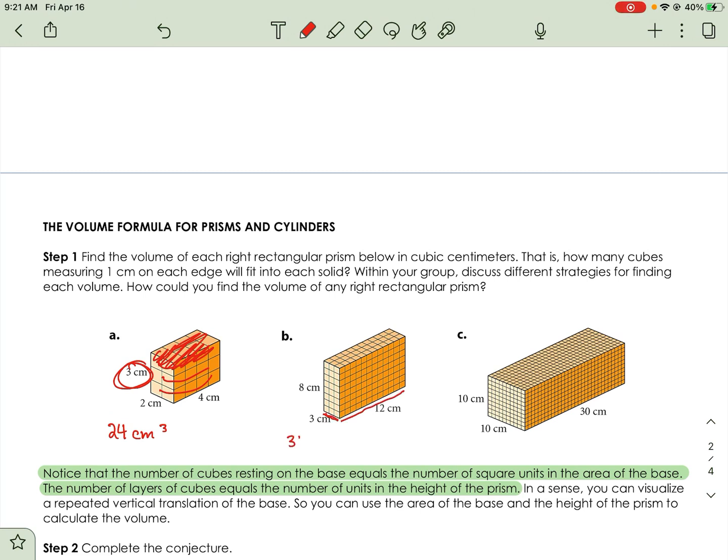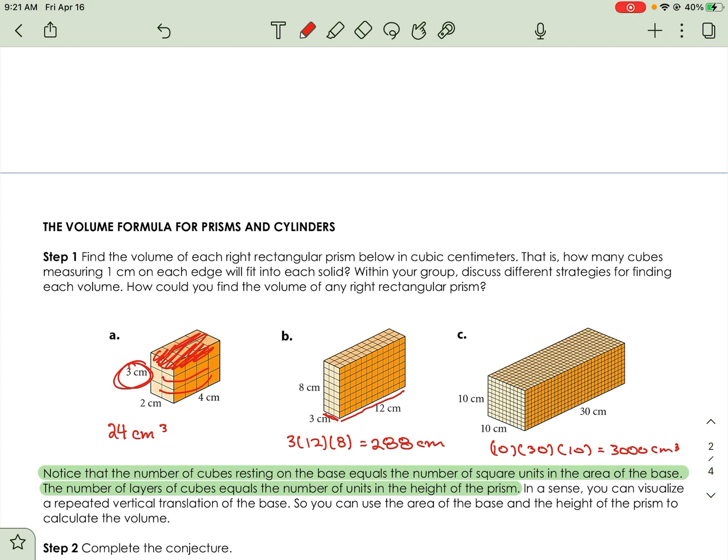So 3 times 12 would be the area of the base. And then there are 8 of those because the height is 8. So 3 times 12 times 8, that'd give us 36 times 8, which is 288 cubic centimeters. And then the same thing over here. You have 10 times 30 times 10. So you have 300 times 10, which would be 3,000 cubic centimeters.